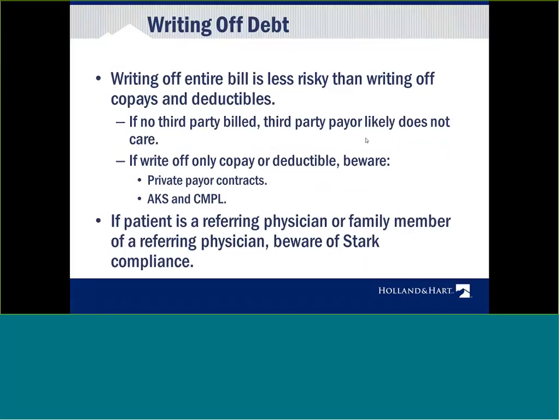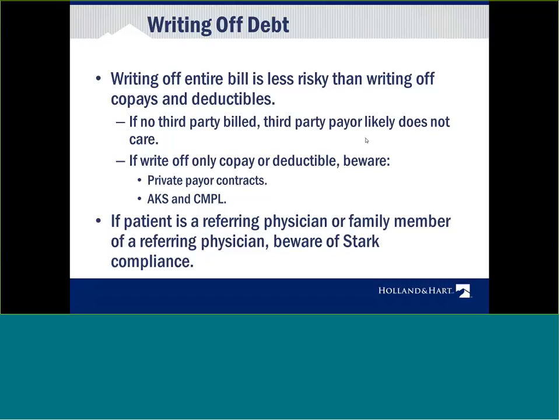We'll say as a general note, if an entire bill is written off, it's going to be less of a compliance risk than writing off copays and deductibles, because if there are no third-party bills because an entire bill is written off, then a third-party payer likely will not care.